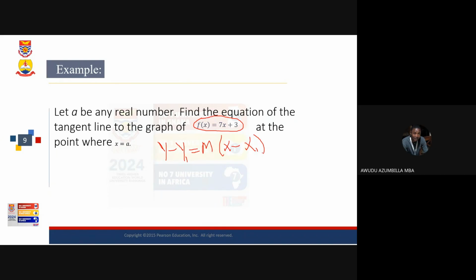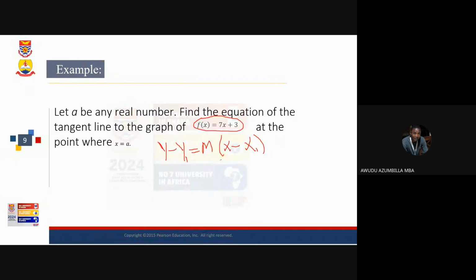So this is the formula that we always use to find the equation of a line. Before you use this equation, you might have been given two coordinates, x1 and y1, so that you can find the slope and substitute it in there.